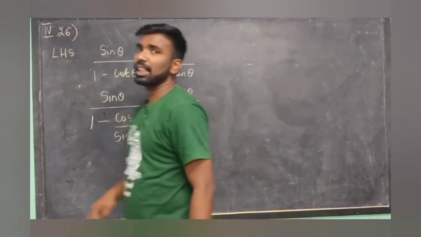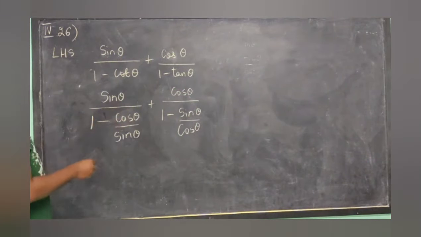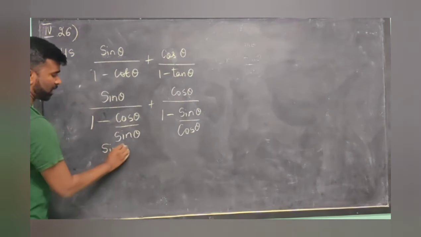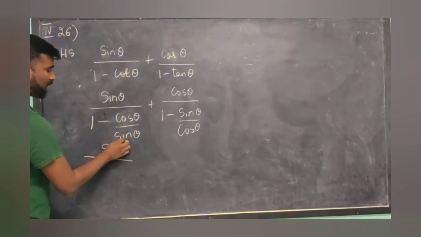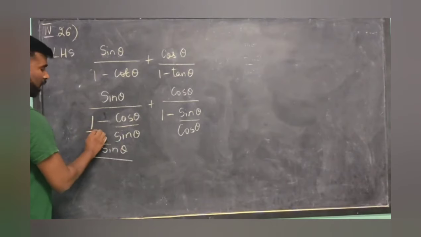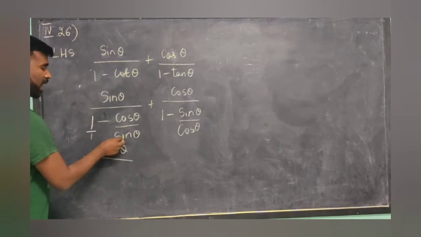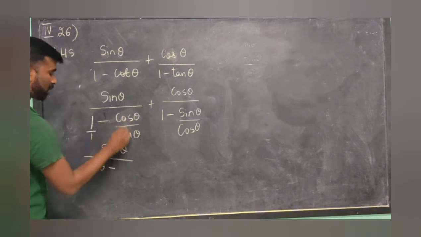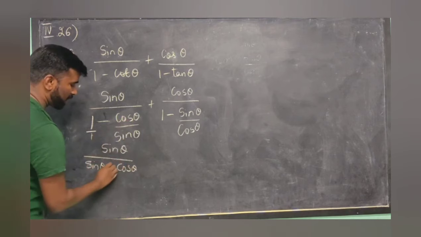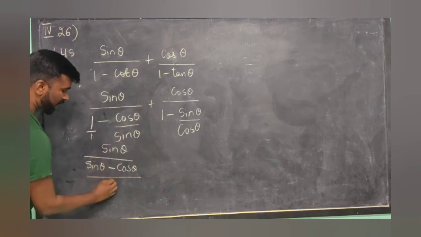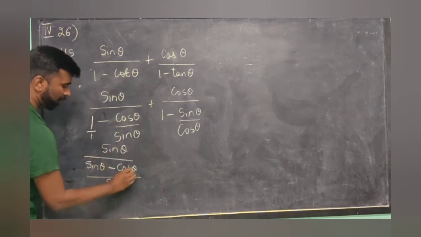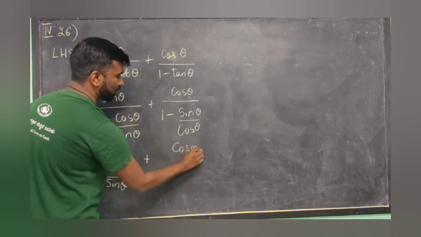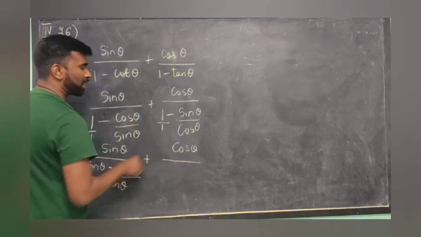Now take LCM in the denominator, we get sin theta divided by sin theta into 1, or by butterfly method, sin theta into 1 is sin theta minus 1 into cos theta is cos theta, divided by 1 into sin theta is sin theta, plus cos theta divided by, I will write 1 as 1 divided by 1.